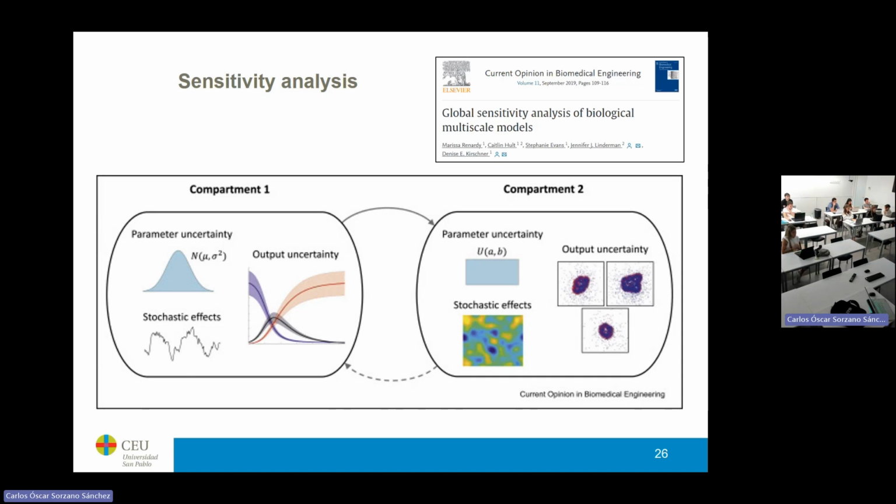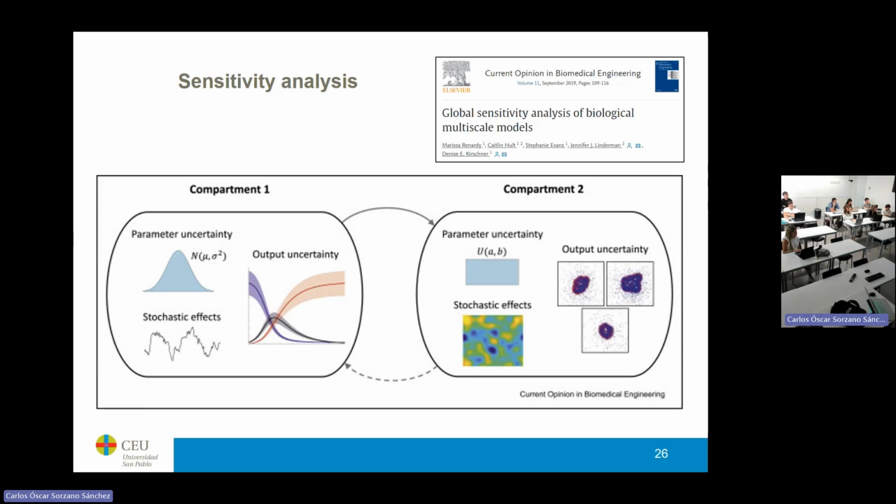So if it doesn't change a lot, then it is very stable with respect to A. If it changes a lot, then it is unstable with respect to A. So it is very sensitive. The word is sensitive. So it is very sensitive to A. If you change A a little bit, then the output changes quite a lot.